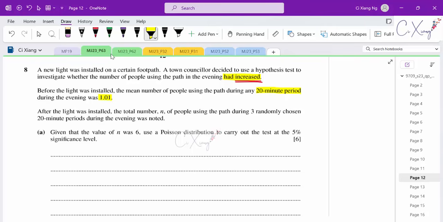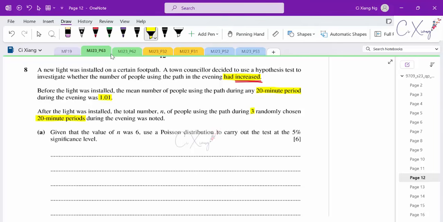After the light was installed, the total number n using the path during 3 randomly chosen 20 minutes was noted. So in total it is 60 minutes, but separated into 3 different 20-minute periods during the evening. They use the data from these 3 periods as the value to carry out the test.